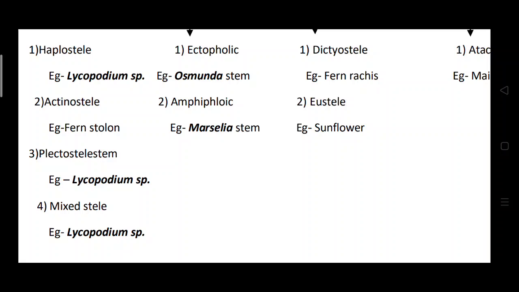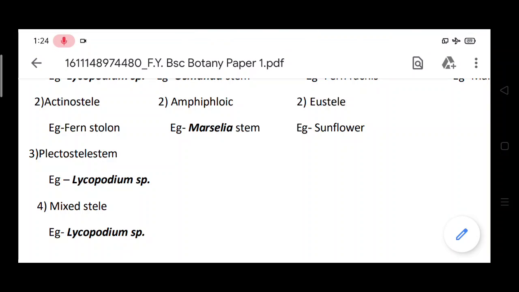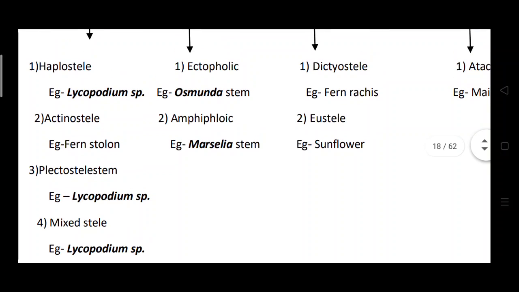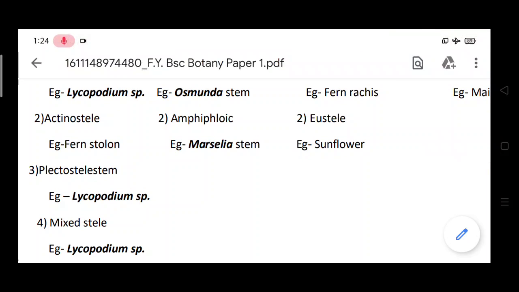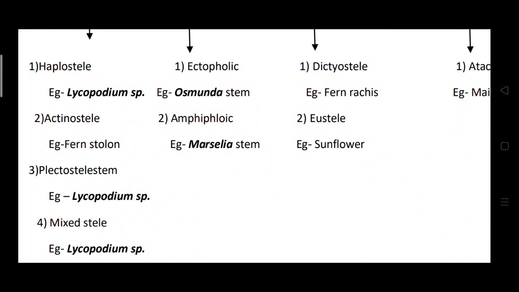The third one is the plectostele, whose example is the Lycopodium species. Then the mixed stele, also an example of Lycopodium species. In these, some modifications or evolutionary changes take place regarding the primitive stele.